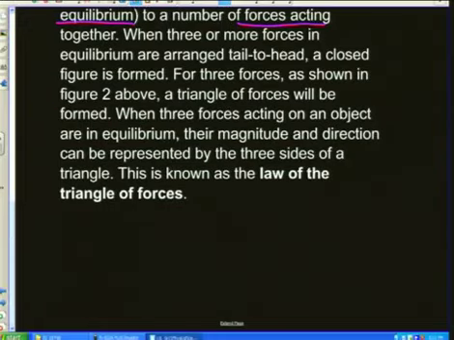Okay, now, when 3 or more forces in equilibrium are arranged tail to head, you will come up with a closed figure. Okay? And when that closed figure is formed, you must know that the forces are in equilibrium. If you have got three forces and you arrange them tail to head, what you're going to end up with is a three-sided figure.